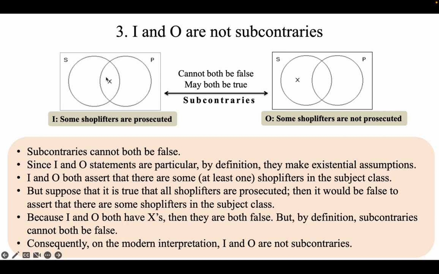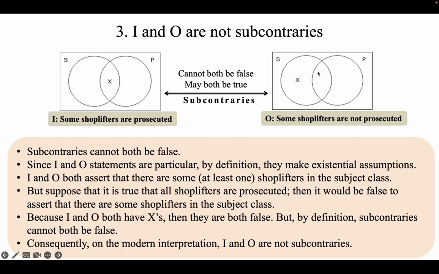It says there exist shoplifters. But if it's true that all shoplifters are prosecuted, there should be nothing here. And because the I form says that there is at least one member of the class shoplifters right there inside, then this must be false.